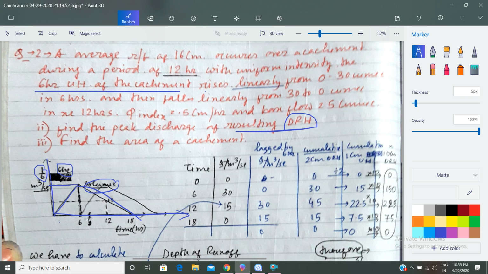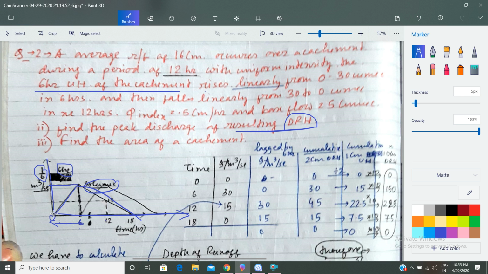0 to 6 hours is this portion, and from this to this it is 12 hours. So 6 to 12 hours of fall means a total of 18 hours. This is 0 time, this is 6, this is 12 hour, and this is 18 hour.